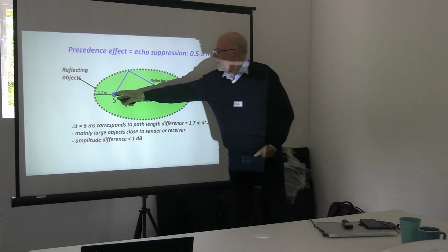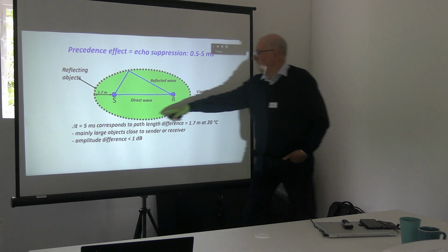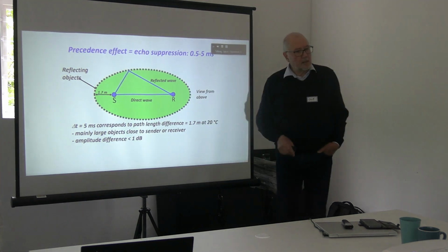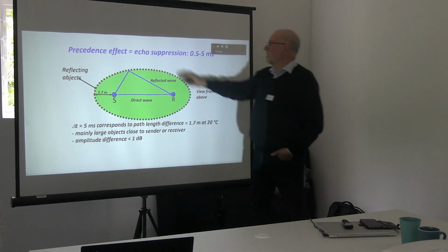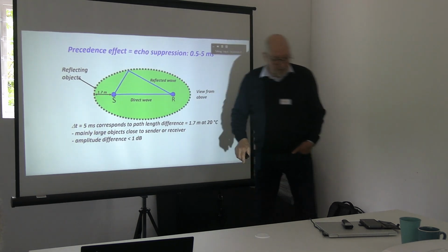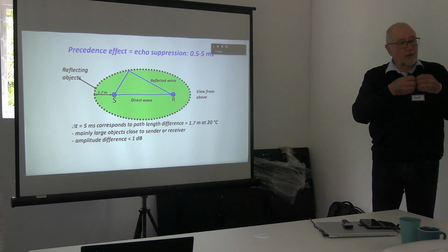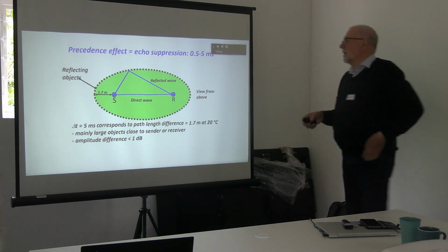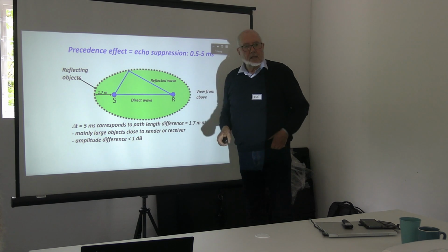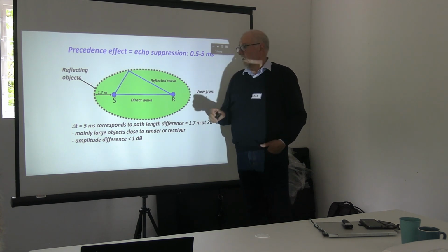Within such an ellipse like this one, there'll be suppression of echoes, whereas if they are out here, they'll not be suppressed. But then, of course, the inverse distance law means that they'll be softer than the direct ones.